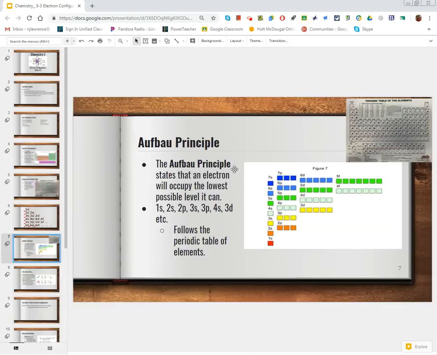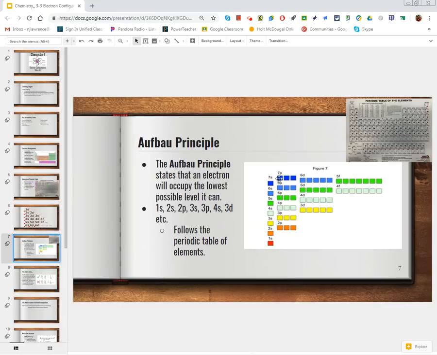So the Aufbau principle is kind of like the filling up a glass rule. The Aufbau principle just says the electrons will occupy the lowest possible energy level they can. So again, why do we keep starting with 1s? Because of Aufbau's principle. Whenever you get an electron, it's automatically going to fill up this first inner lowest energy level and orbital. So this is actually an energy chart. These guys have the lowest energy.